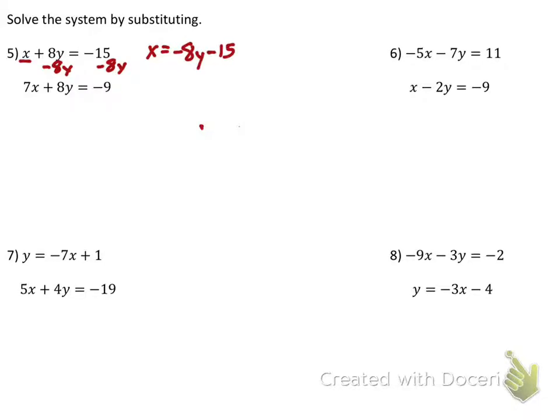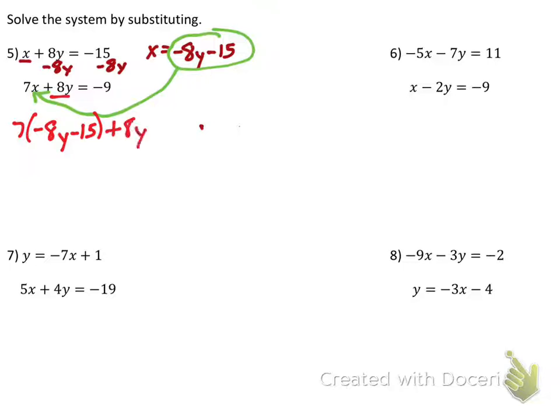Now with that, I'm going to take this right here and then put it in the x in the other equation. So what that looks like then is 7, and then I'm going to put this in for x, negative 8y minus 15. And then remember, I got to keep this, plus 8y equals negative 9.